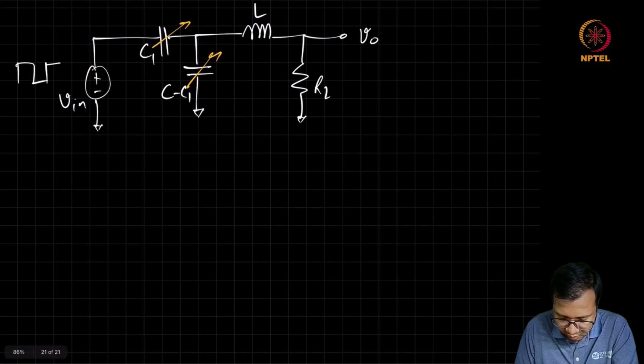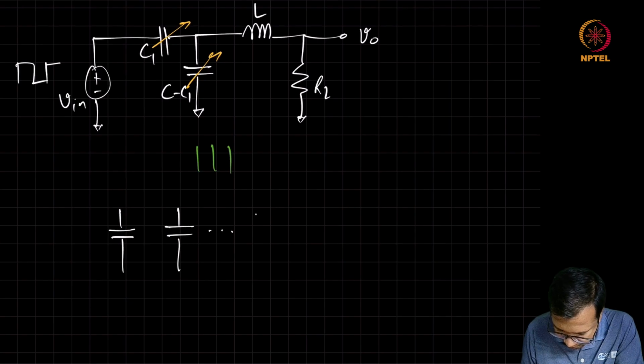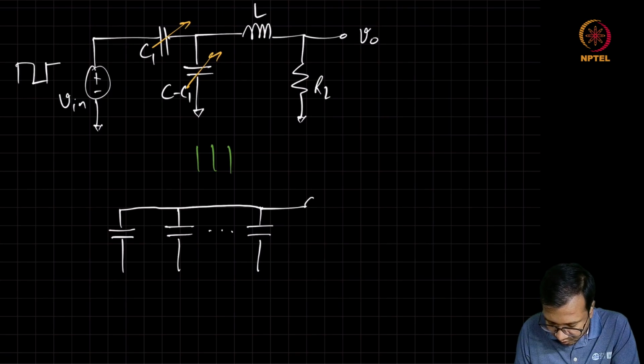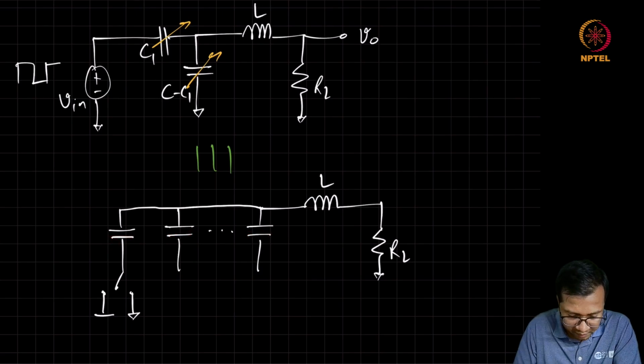Now the implementation is going to look like as if we have lot of such capacitors with one plate all shorted together, connected to inductor, then a load. And the other plate of the capacitor is switching between either supply or ground.